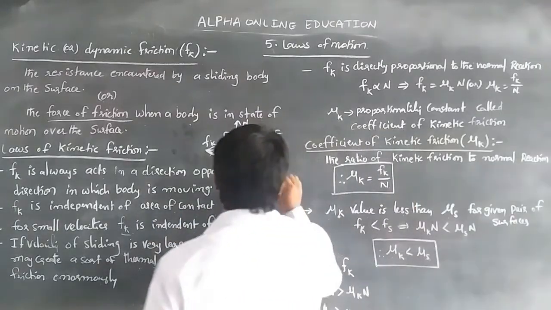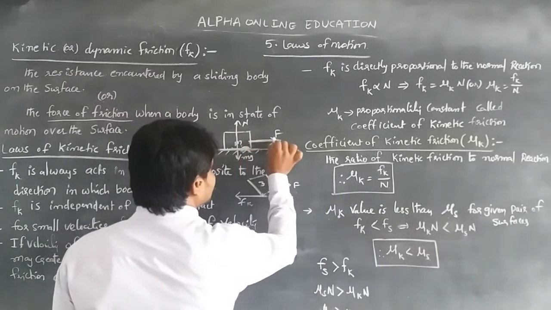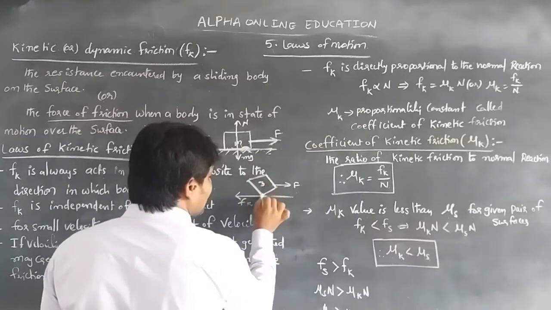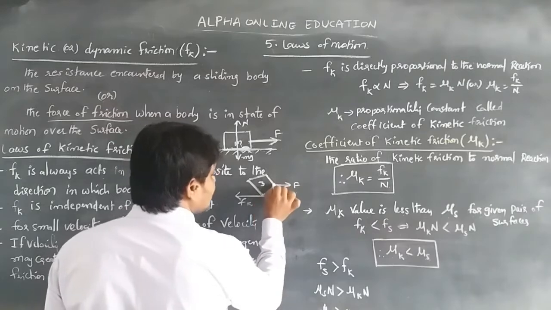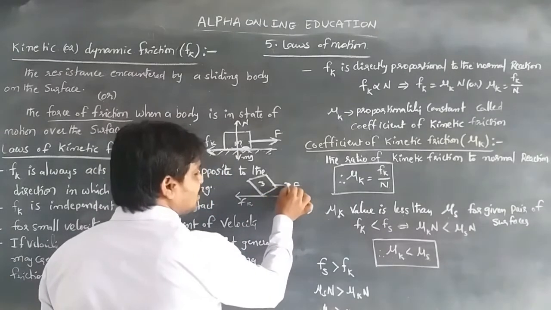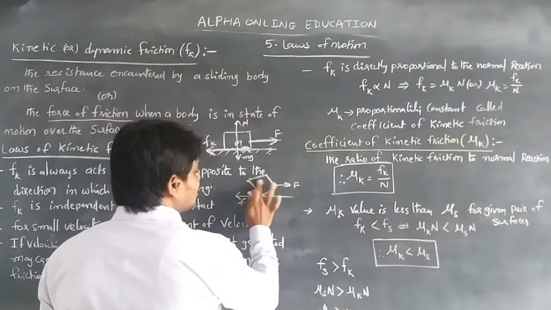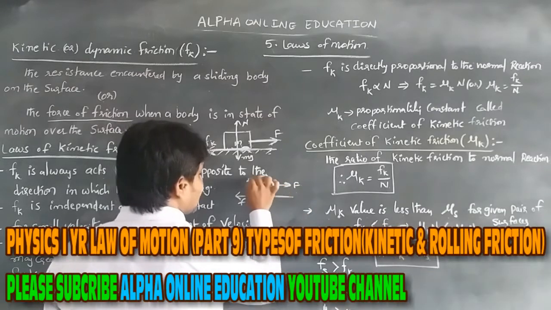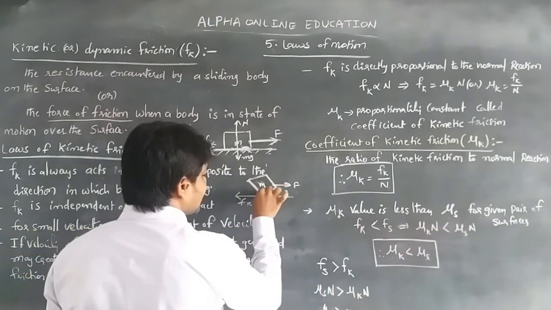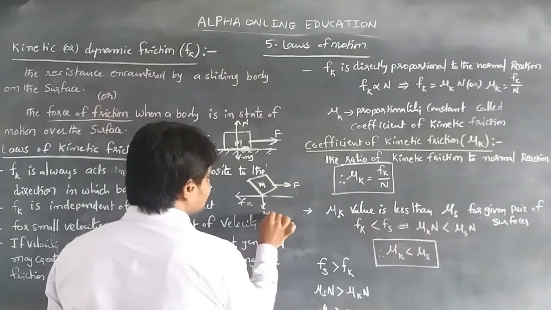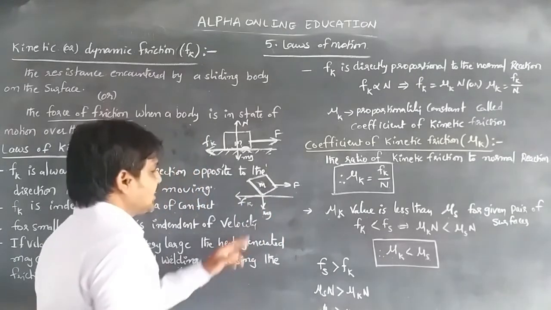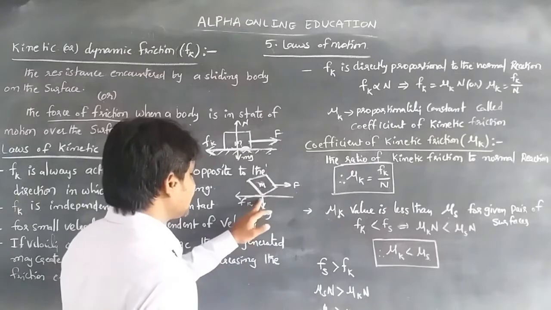If the area is more, the same amount of external force is needed to move the body, and if the area of contact is less, the same amount of external force is still required. The normal reaction acts perpendicularly, and the weight of the mass, mg, due to gravitational force acts in this direction. The surface is the same, so the total weight acts in this direction.